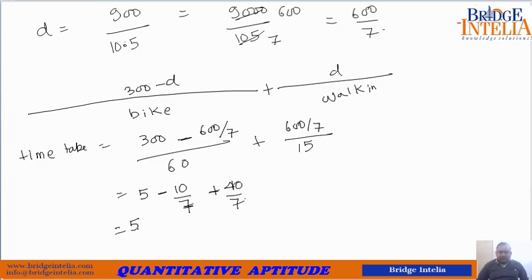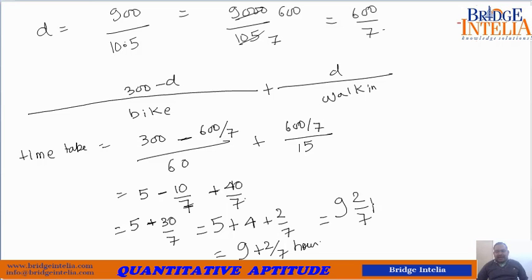So this comes out to be 5 plus 30 by 7, which can be written as 4 plus 2 by 7. So the final answer is 9 plus 2 by 7 hours. That means 9 2 by 7 hours.